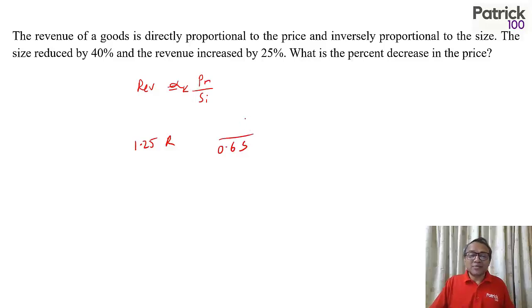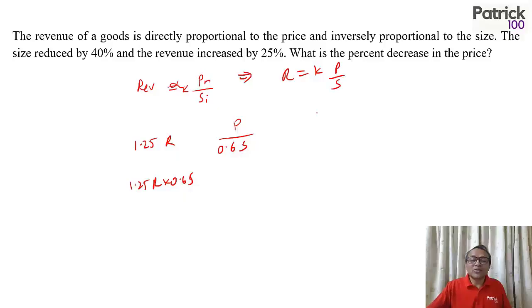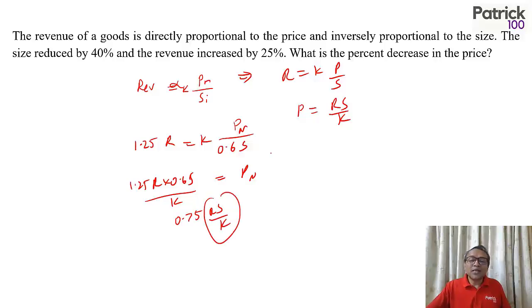I want the price. The new size is this one. New price. So you need a price. The price will become, if you look at, 1.25 R into 0.6 S. If I solve this out, revenue is equal to K into P upon S. So P will be equal to RS upon K. Using this with the new values, you will make out that the new price is 0.75 RS upon K. RS upon K is the old price.